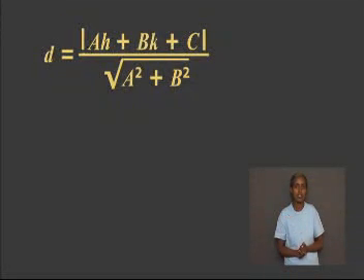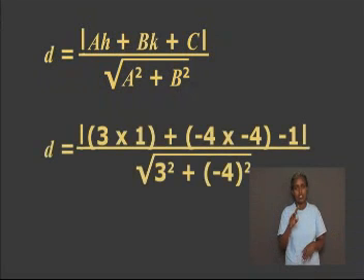Welcome back, students. By substitution, we get distance equals the absolute value of 3 times 1 plus -4 times -4 minus 1, over the square root of 3 squared plus -4 squared.